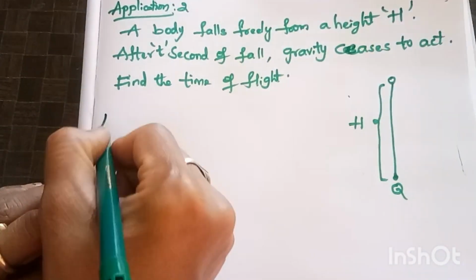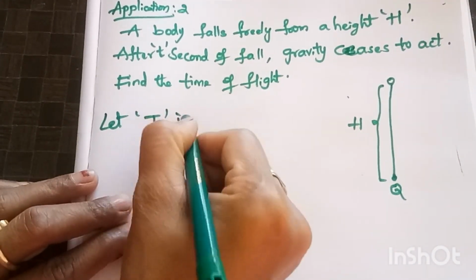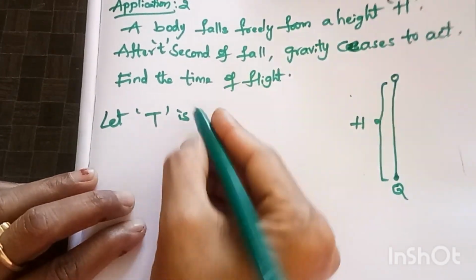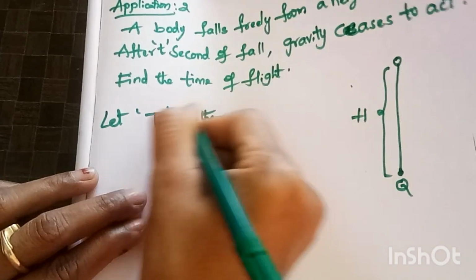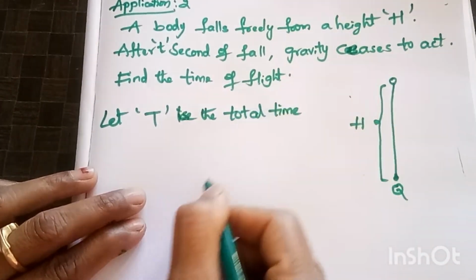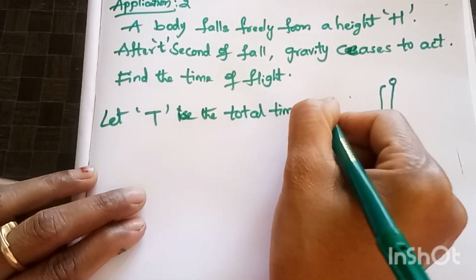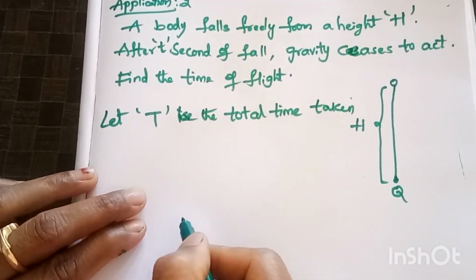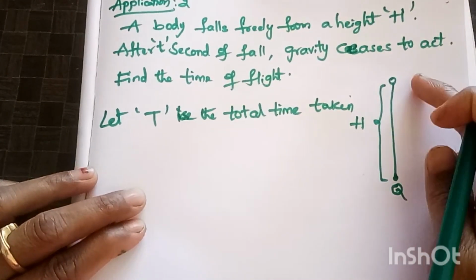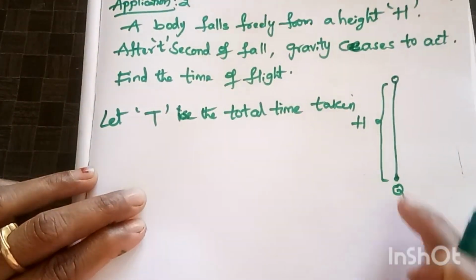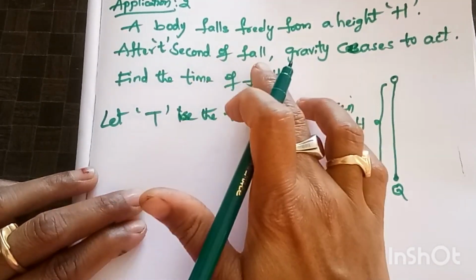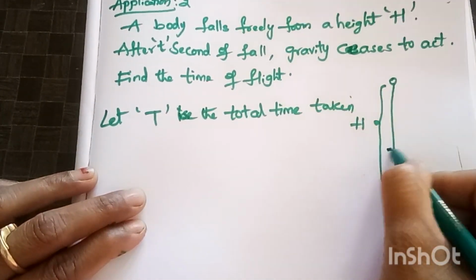Let t be the total time taken to reach the ground of height h. But what they said is, after t seconds of fall. So first suppose this is the t seconds of fall.